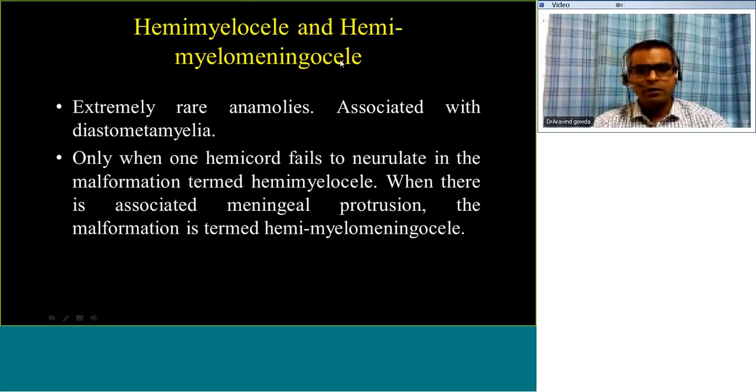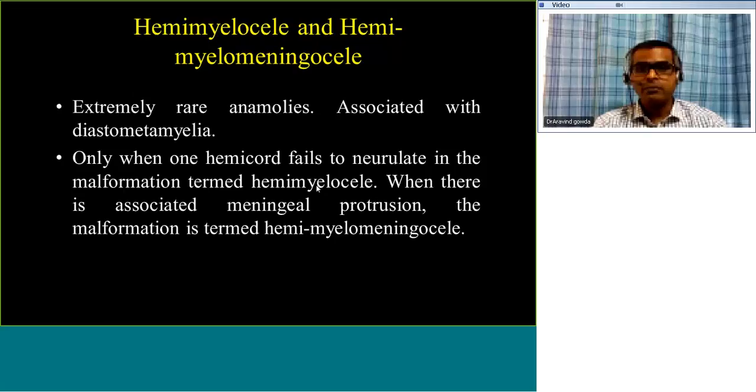So one half of the cord will be normal, the other part of the cord may be associated with these anomalies, but these are extremely rare, and most of the times when they are present, they are hemimyelocele, not the myelomeningocele.